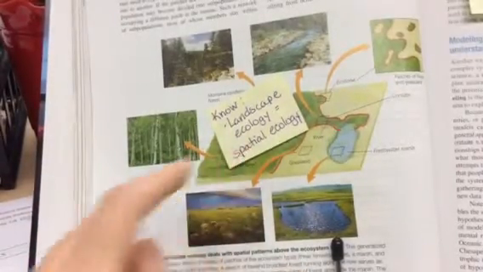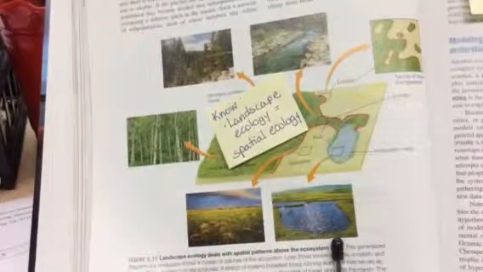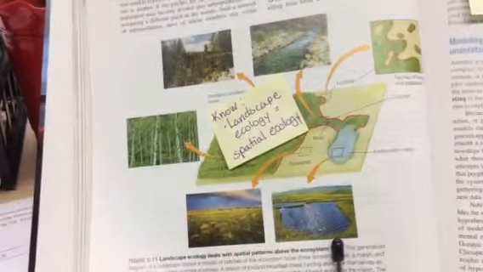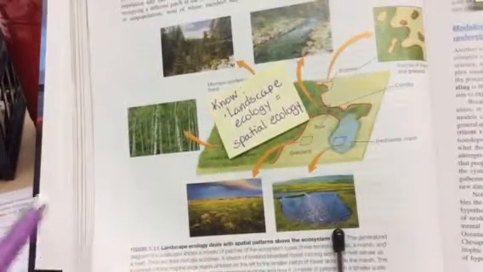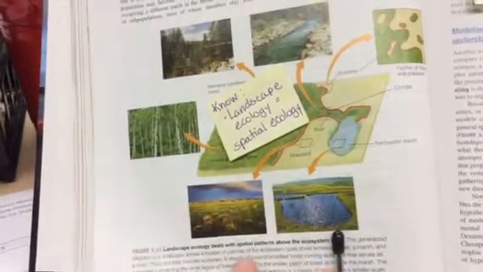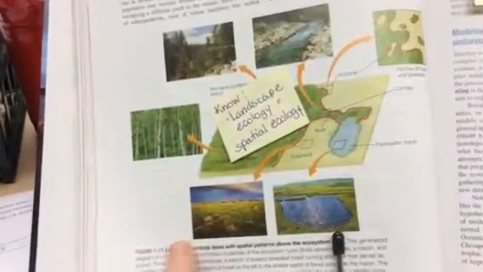Your book doesn't call it spatial ecology, but sometimes it's called spatial ecology. The figure here says landscape ecology deals with spatial patterns above the ecosystem. So make sure that you read and examine the picture.